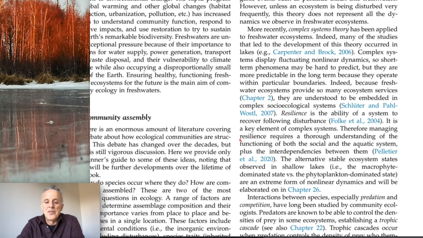Indeed, many of the studies that led to the development of this theory occurred in lakes. Complex systems display fluctuating nonlinear dynamics, so short-term phenomena may be hard to predict, but they are more predictable in the long term because they operate within particular boundaries. Indeed, because freshwater ecosystems provide so many ecosystem services, they are understood to be embedded in complex socio-ecological systems.